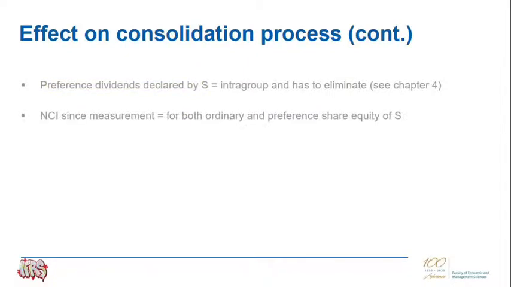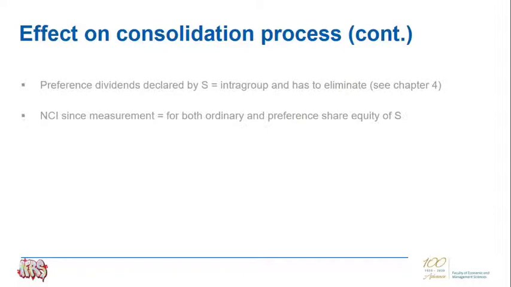Up to date, how did we measure NCI? For NCI in ordinary shares, we measured them at acquisition date, and then we have attributed a portion of the since acquisition date equity of S to my NCI, both for the opening balance period and for the current year movements.